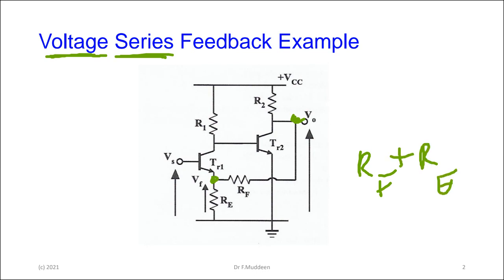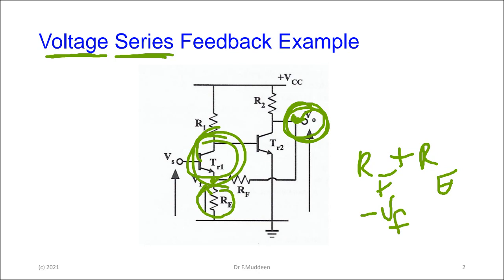RF and RE form a simple voltage divider, so the feedback voltage is developed across RE. The negative feedback is because TR1 inverts, so the voltage output here and the voltage behavior on this transistor are out of phase. So when I do this, I'm actually feeding back a minus VF into TR1.